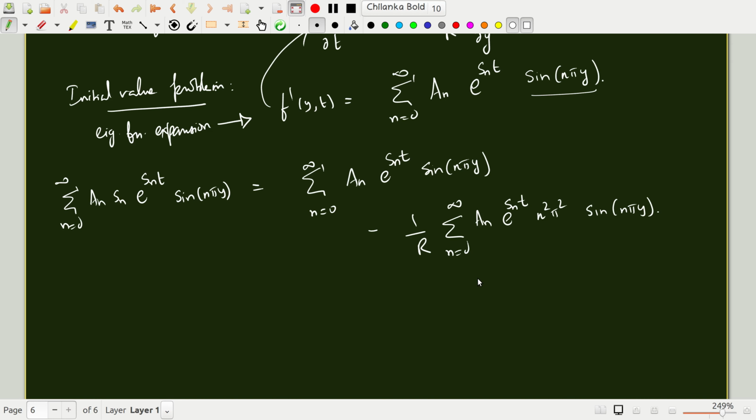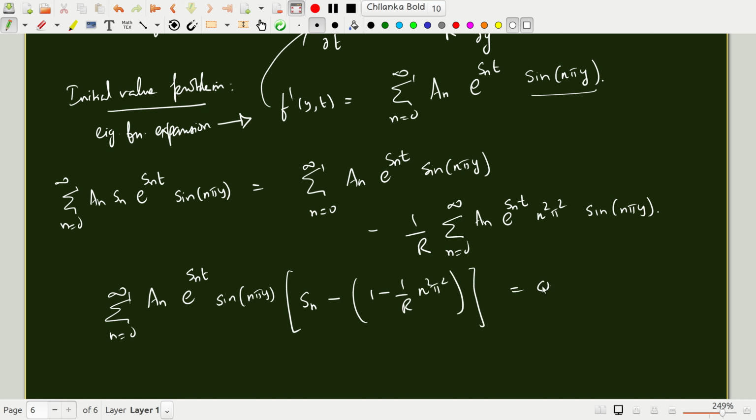Now, I can pull everything to one side and take the common term a n e to the s n t sin n pi y as common, times s n minus 1 by r n squared pi squared, is 0.